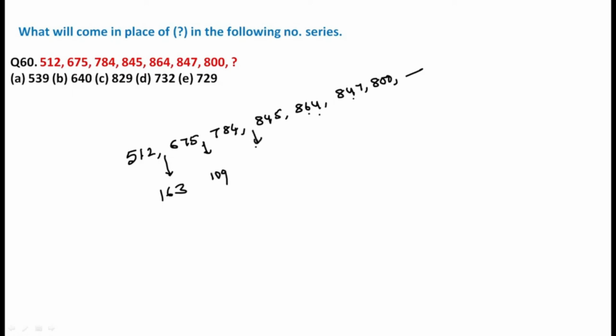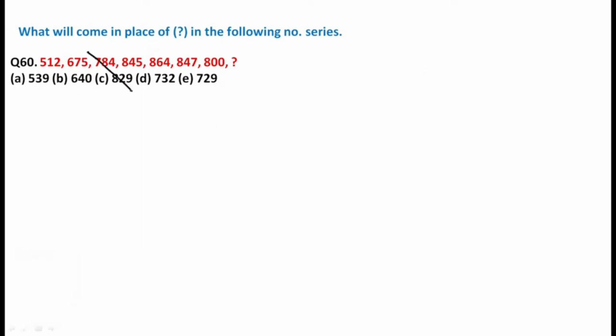Now 845 minus 784 is 61. Then 845 becomes 864, you add 19. Now you can decrease these values. Okay, sorry guys, there is a mistake in the question. Just leave this question.